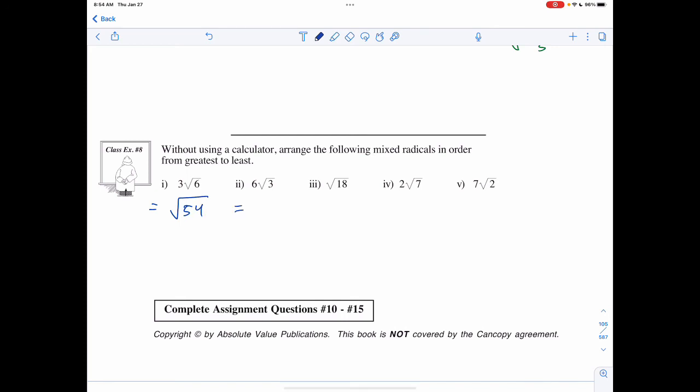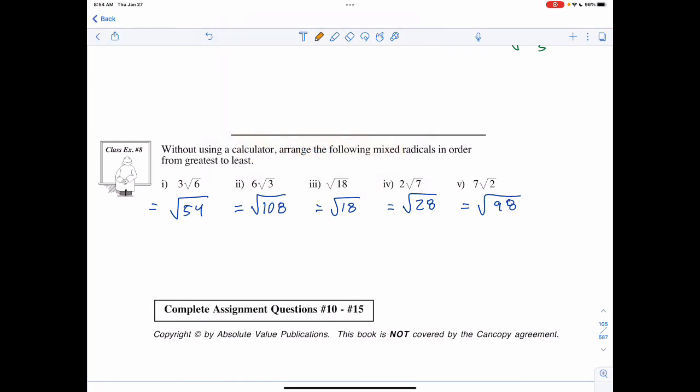The next one is going to be 6 times 6 times 3, or the square root of 108. This one does not need to change. Next one is going to be 2 times 2 times 7, or the square root of 28. And finally, 7 times 7 times 2, or the square root of 98.